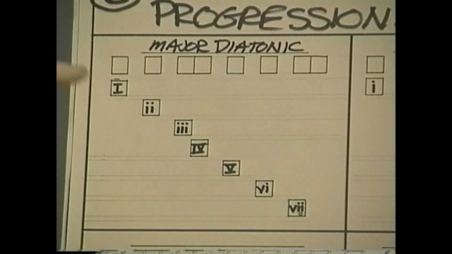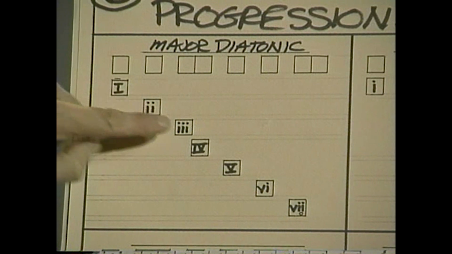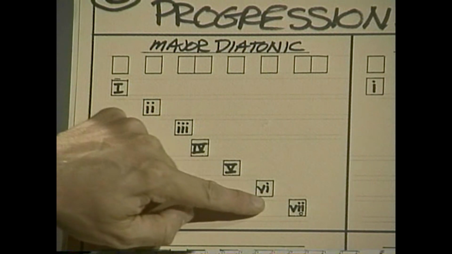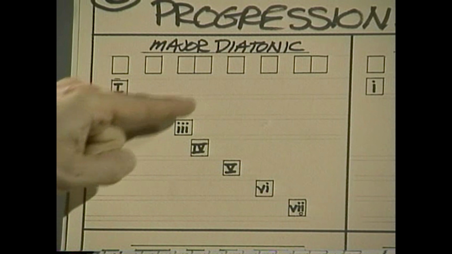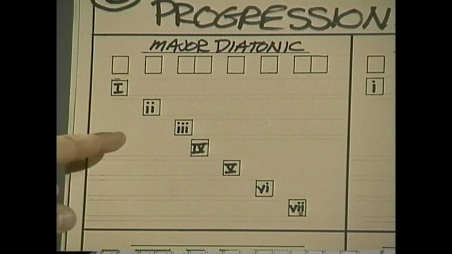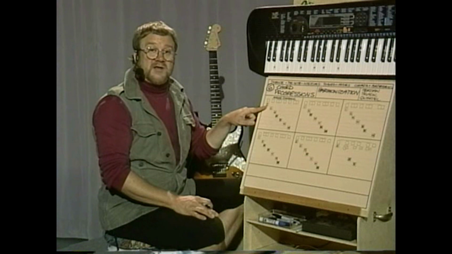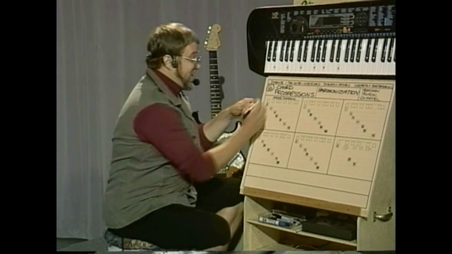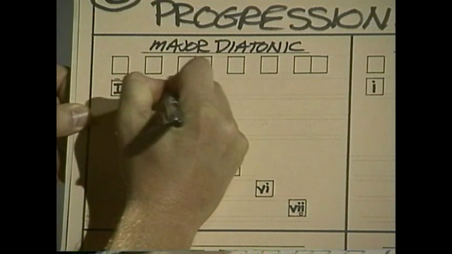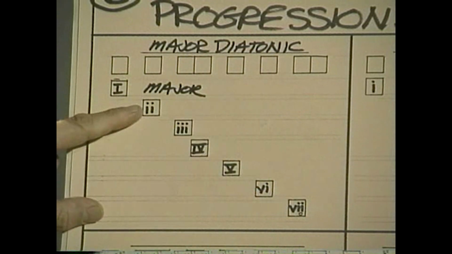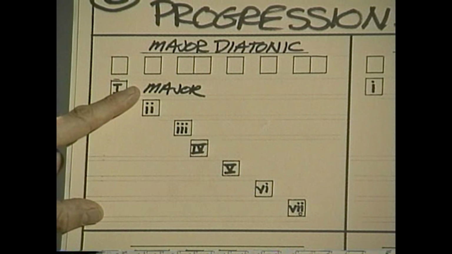Take the modes of a major scale: Ionian, Dorian, Phrygian, Lydian, Mixolydian, Aeolian, and Locrian. And within those modes are embedded certain chords, aren't they? Remember, the 1 chord evolves out of the major diatonic scale itself. So the 1 chord is a major chord in a major key harmonization.